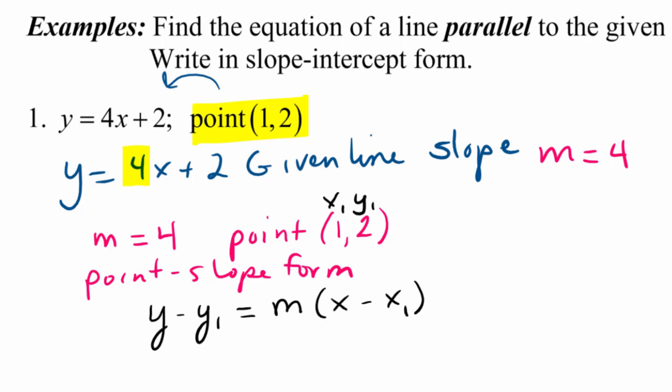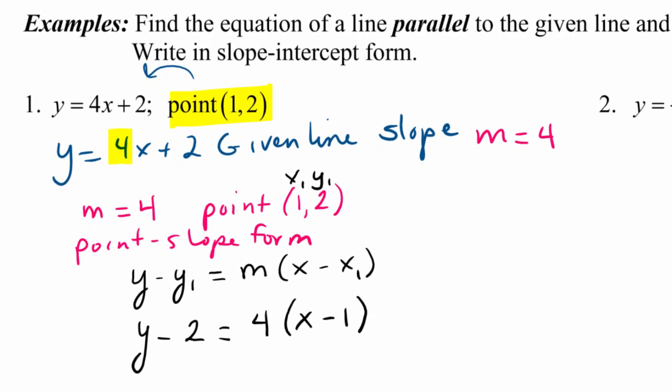So now we'll substitute in: y minus 2 equals 4 times (x minus 1). Now, if you haven't had a chance to watch the video on point-slope form and you're a little confused by this step, I recommend you go back and find our video on using the point-slope form to find equations of lines.